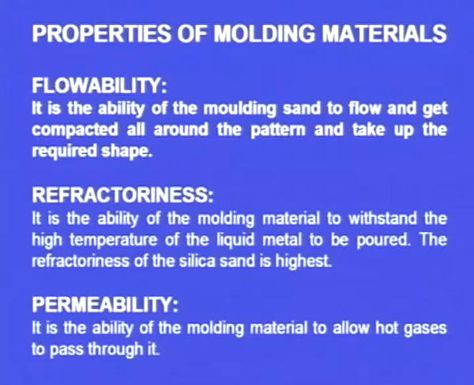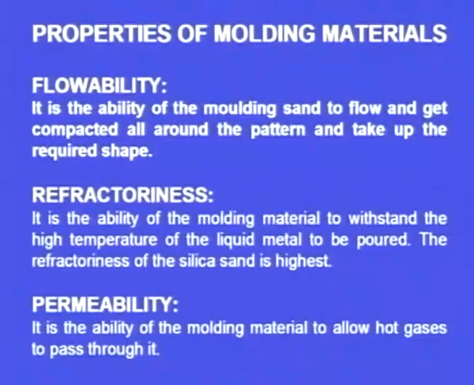There may be some sands which, even if you compact them, will not take all the details; they will stick only outside, not to the interior details. At such times, it is difficult to get the shape of the casting. A good molding sand should have flowability, the ability to flow and get compacted all around the pattern and take up the required shape.